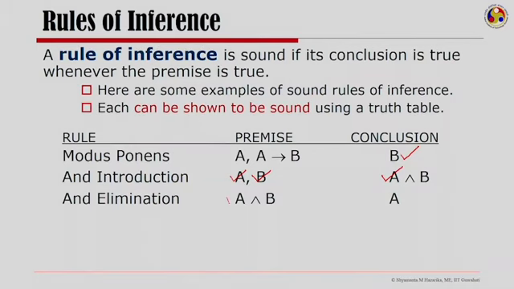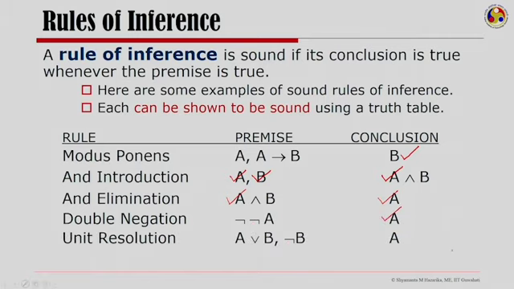Therefore, we could write A, or equivalently we could write B. So, AND elimination is A and B leading to the conclusion A. We have double negation, which we used a little while ago in the previous slide. The negation of not A is A itself. We have unit resolution, which is A or B and not B gives A.